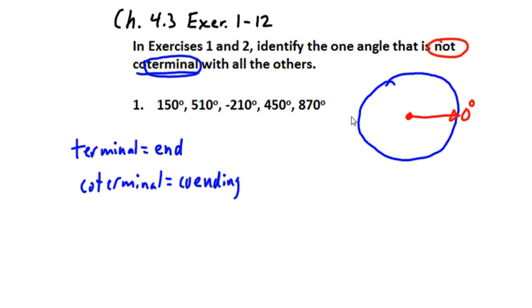150 degrees. If we come straight across, a half circle, this would be 180 degrees, and 150 degrees would be right here, which is 30 degrees less than 180.